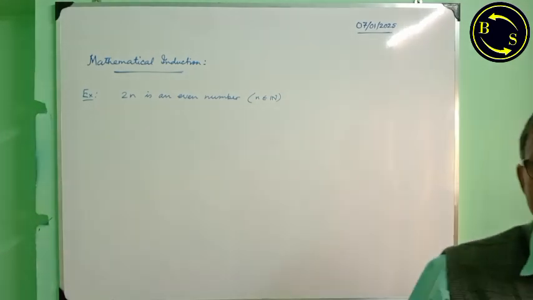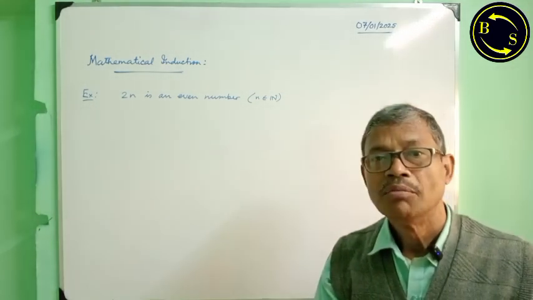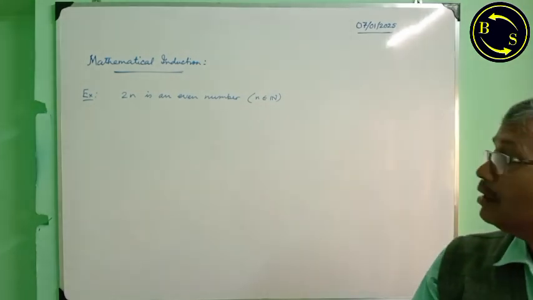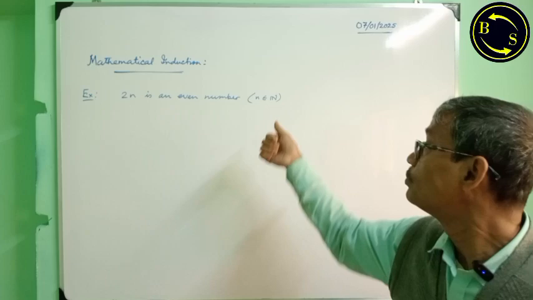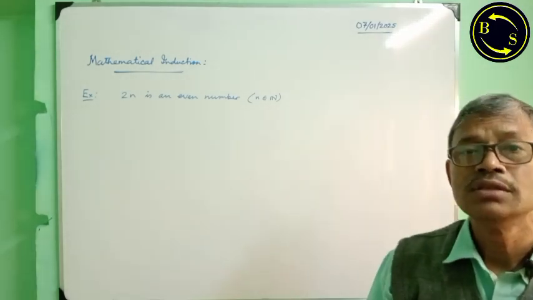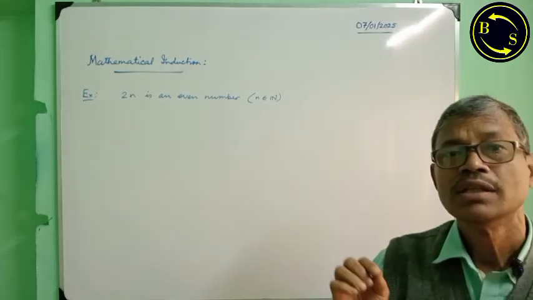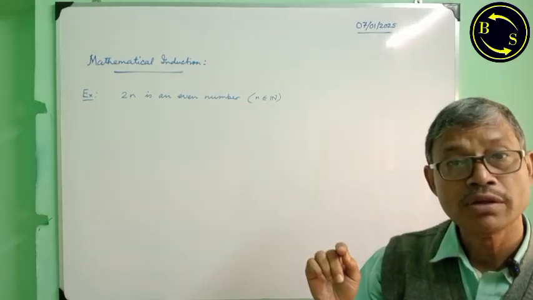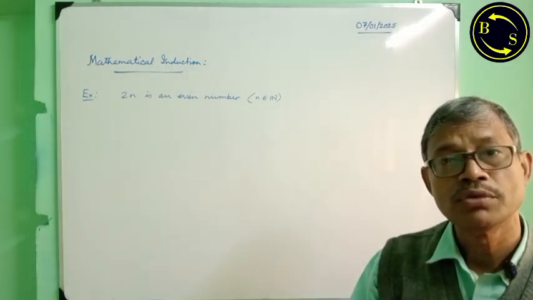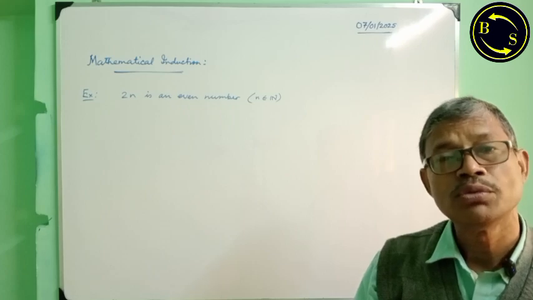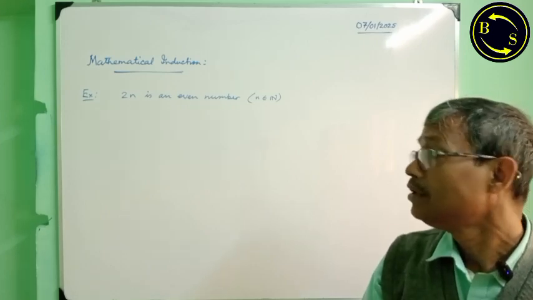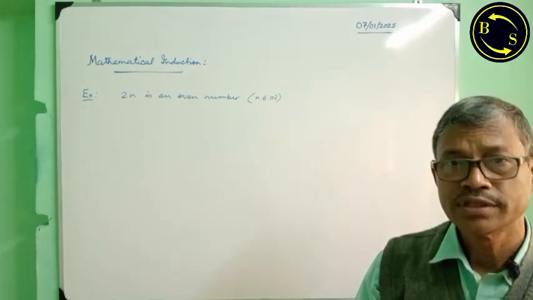Now we can verify by putting values of n starting from 1, since natural numbers start from 1. If we put n equal to 1, what we get? 2 into 1, that is equal to 2, which is even. Putting n equal to 2, what we get? 2 into 2 equal to 4, then 2 into 3 equal to 6, etc.